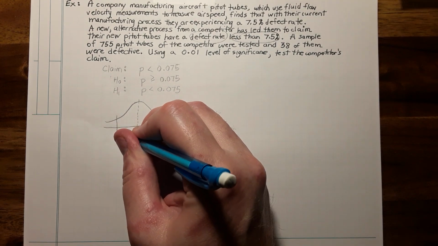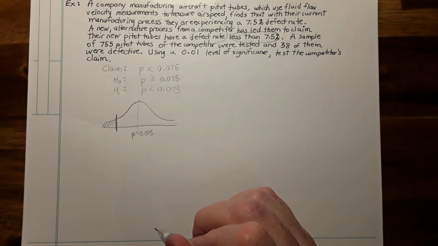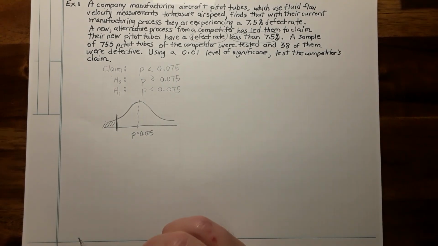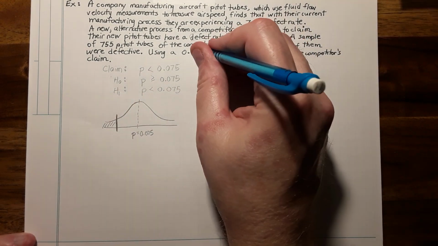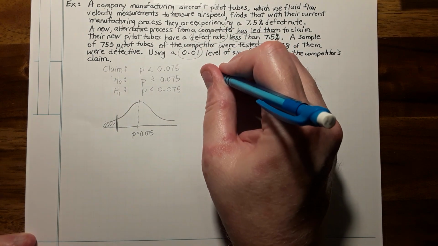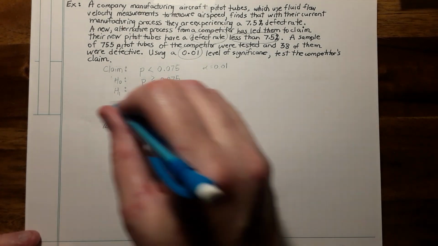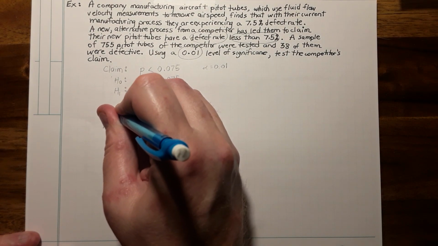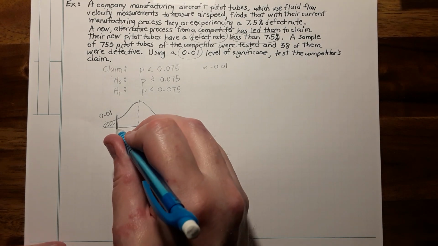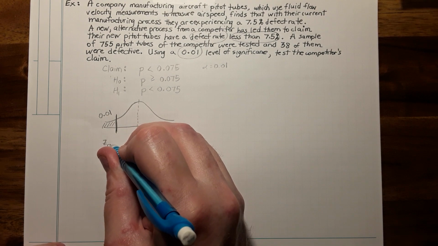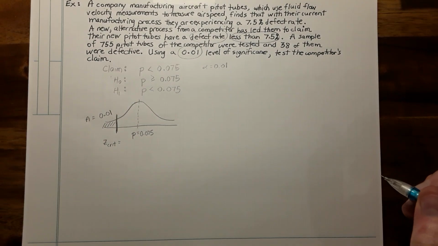So only if we find our sample gives us a value that is significantly less than that claimed proportion would we find evidence to reject the null hypothesis. And so right here, we were told alpha is 0.01. Because this is a left tail test, a single tail test, the entirety of the area is contained in that region. We need to find the critical z-score that corresponds to this area of 0.01.